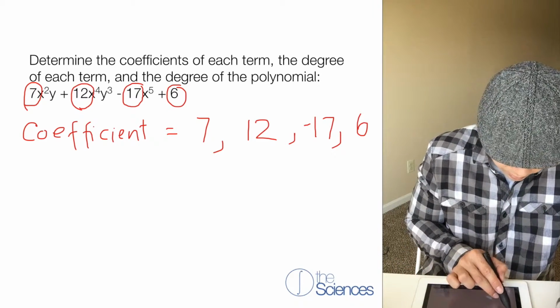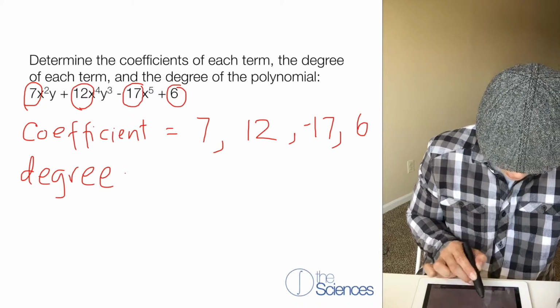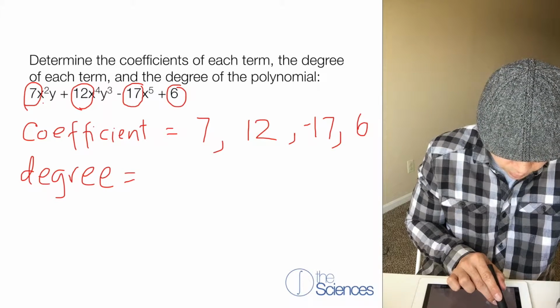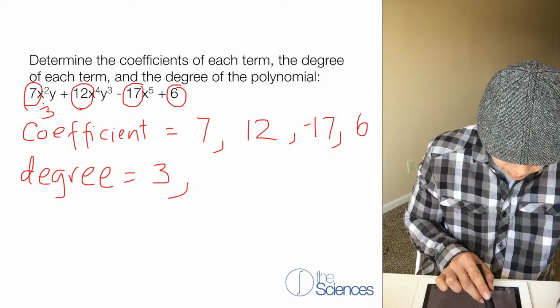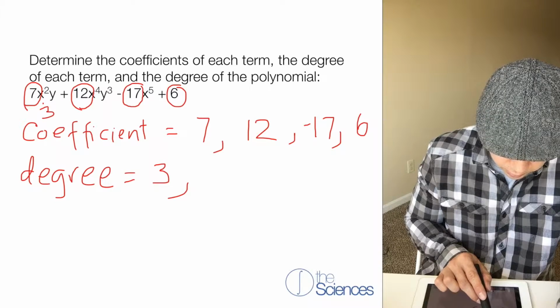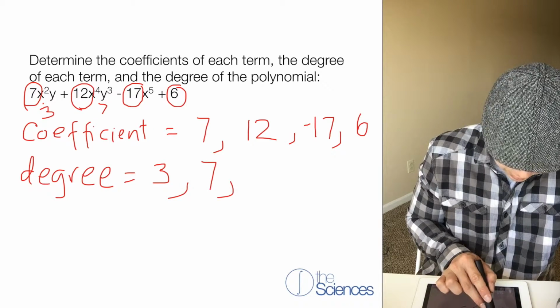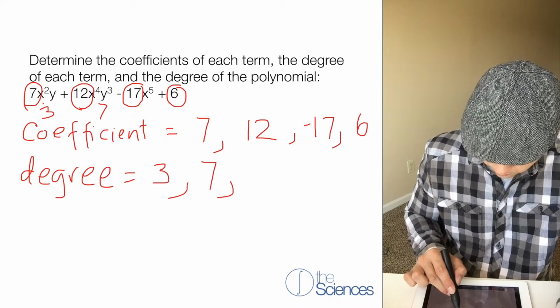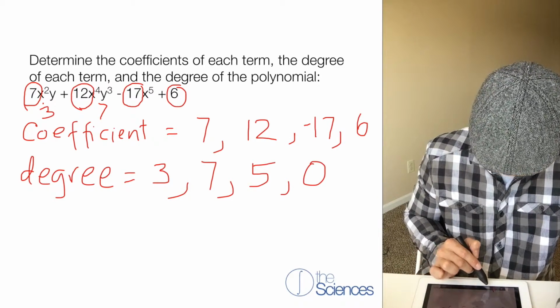Now the degree of each term is the addition of the degrees. So here we have x squared and y to the 1, so here we have 3. Here we have x to the 4th and y cubed, so 4 plus 3 is 7. And then here we have x to the 5th, so that is 5. And here we have no degree, so that's 0.